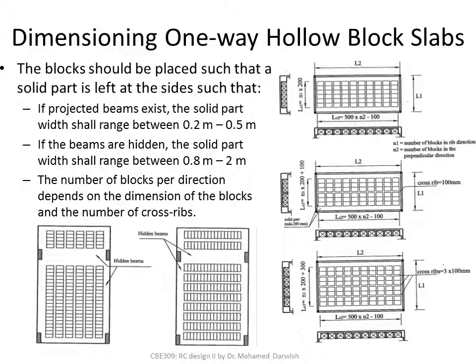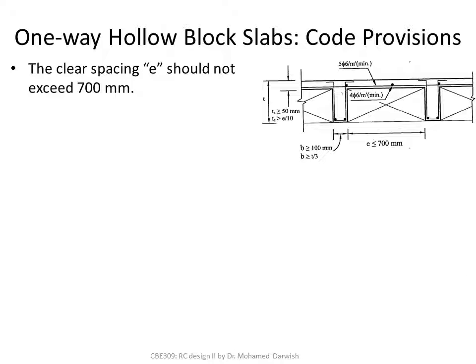The issue of having cross ribs depends on the dimensions and on the load, as we discussed. The code provisions tell us that the clear spacing E should not exceed 700 millimeter. Actually, this E is the dimension of the blocks.